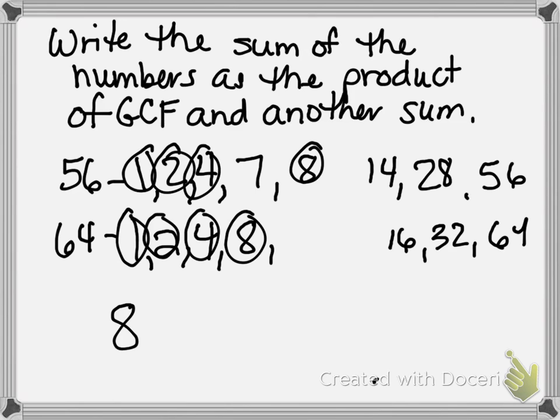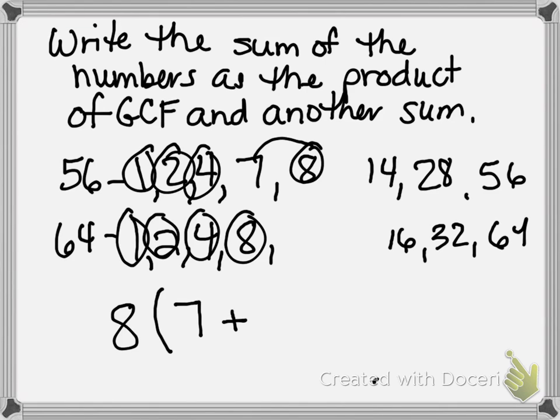Because when I am writing them as a product, I have to multiply that 8 times something, the greatest common factor. And I'm going to multiply that 8 times their partners. So when I did the 56 up there, what times 8 equaled 56? What was its partner? 7. So 7 goes in there plus, this is my sum.